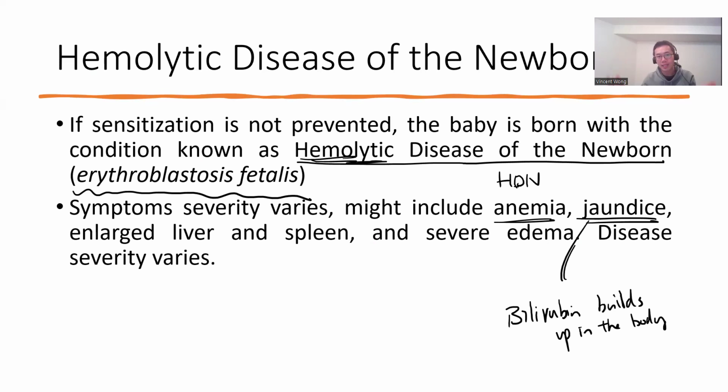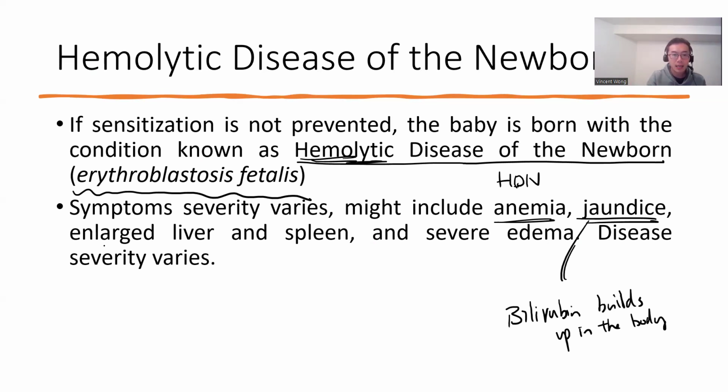So a lot of the red cells are dying in the baby. A lot of hemoglobin is coming out. When their body tries to break down this hemoglobin, they generate a lot of bilirubin, much more than they can get rid of. So the bilirubin starts to accumulate in the body, shows up in the skin. They look yellowish, jaundice.